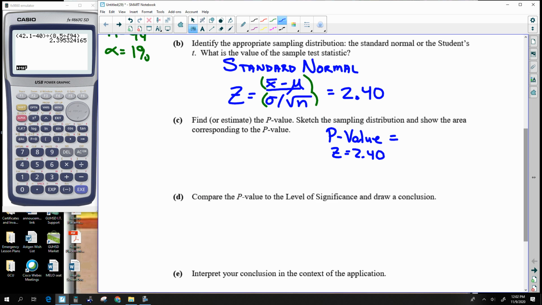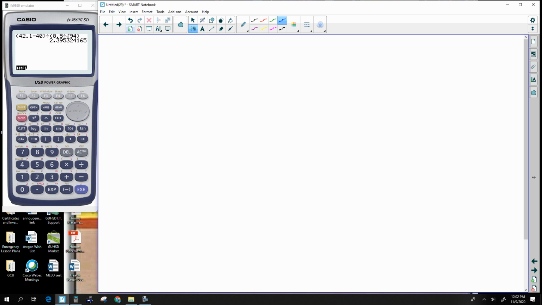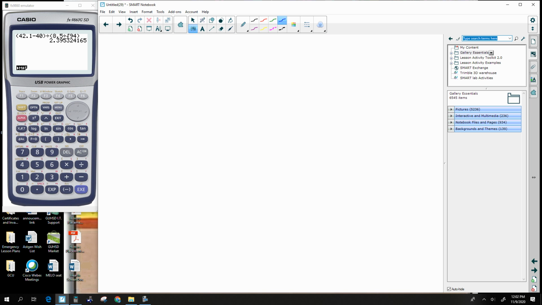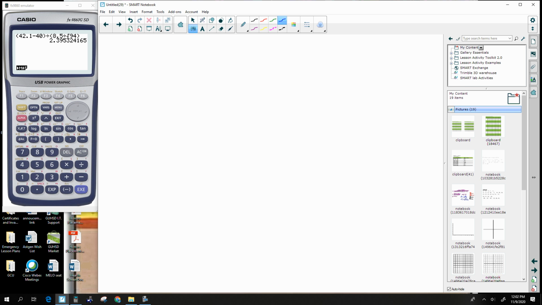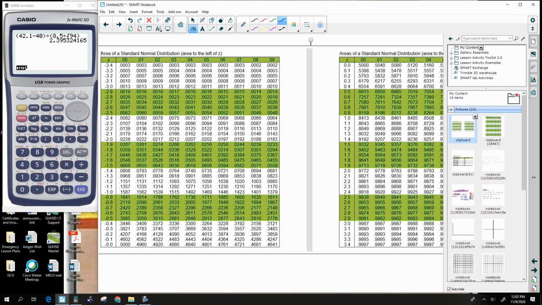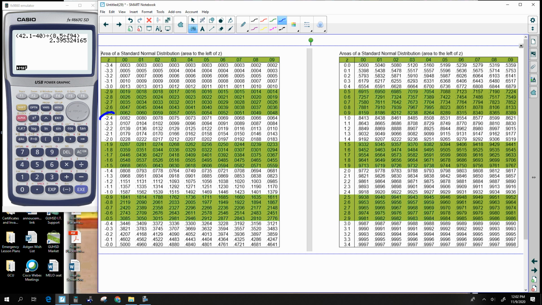Okay, always look it up as a negative, so negative 2.40. It's not a two-tail, so the answer will be what it is. So 2.40. So negative 2.40 gives 0.0082.